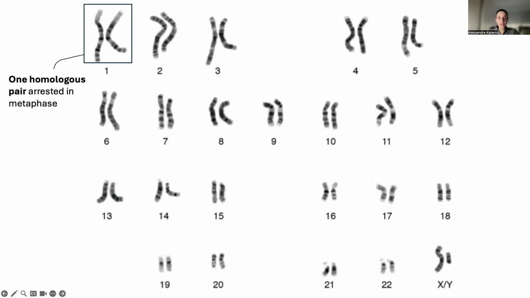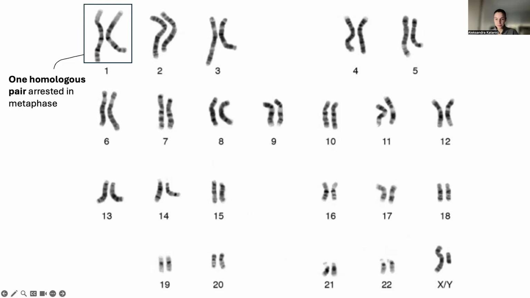And finally, here is a karyotype. Karyotypes are just a visual representation of chromosomes that have been arrested in metaphase. So it's a technique used to visualize chromosomes under a microscope. And a karyotype displays chromosomes arranged in homologous pairs. We've got 23 in each person. 1 to 22 are called autosomes, and then the 23rd pair are sex chromosomes, which determine sex.